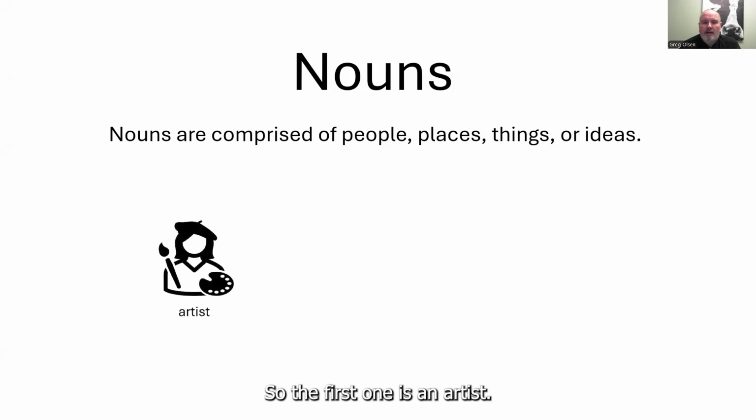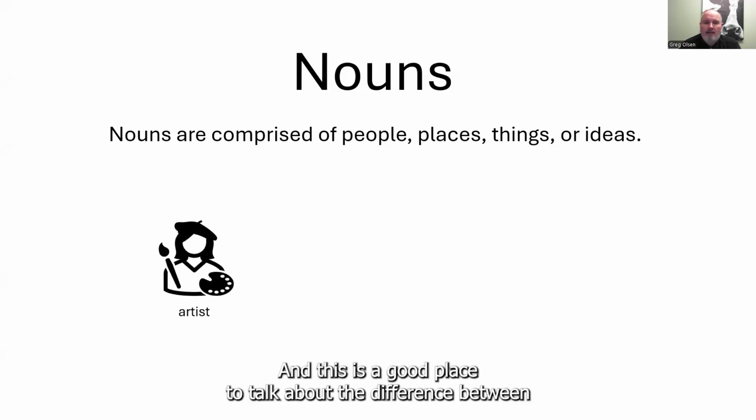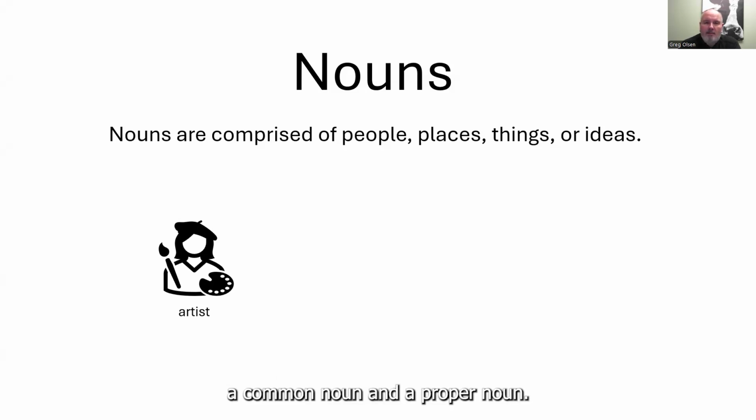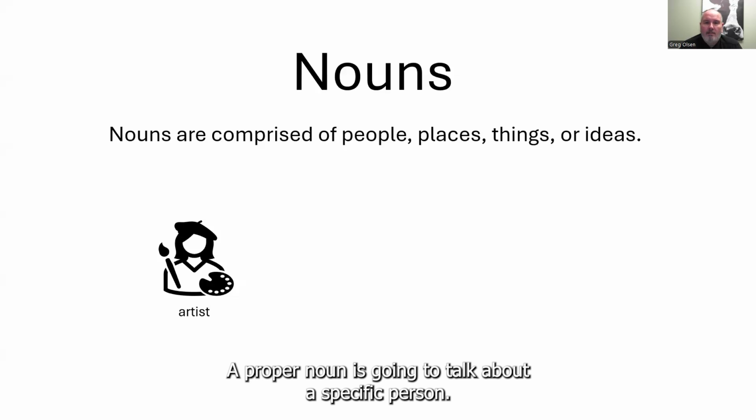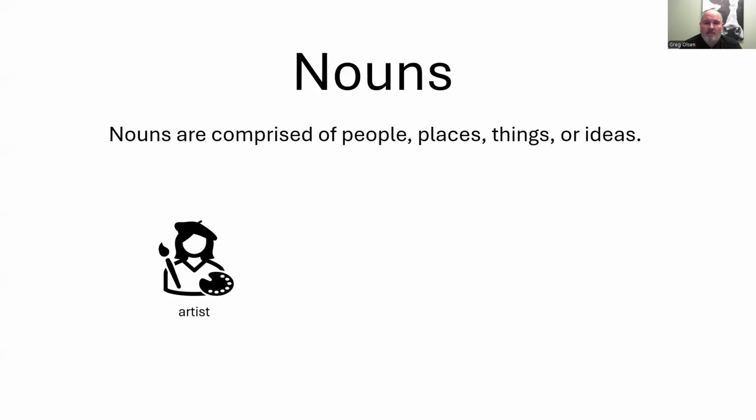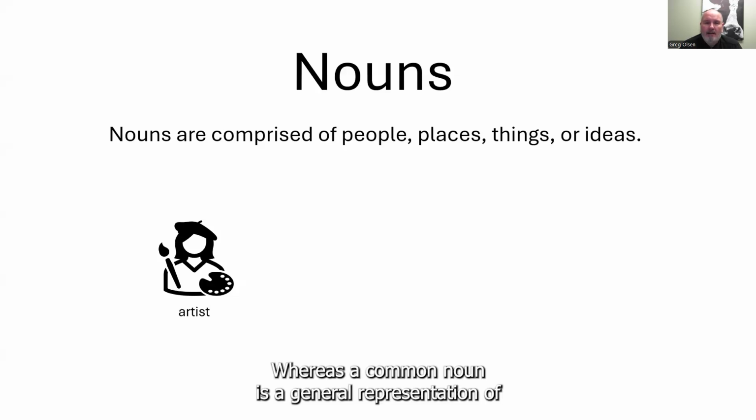So the first one is an artist. Artist is a person. And this is a good place to talk about the difference between a common noun and a proper noun. A proper noun is going to talk about a specific person, whereas a common noun is a general representation of all people or all people within that category.